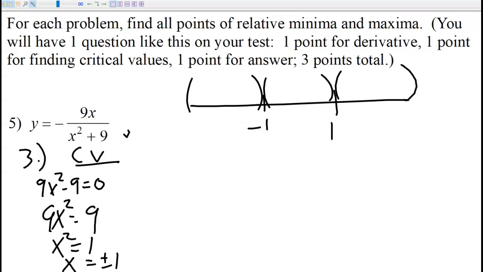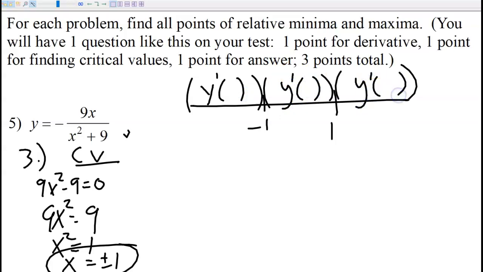But in this case, I don't have to worry about that because this function doesn't have any discontinuities, so I'm just going to use the two critical values that I have. And we're going to, once again, just plug in some numbers into our derivative that are on these intervals and see what happens. I'll do -2, I'll do 0, and I'll do 2.